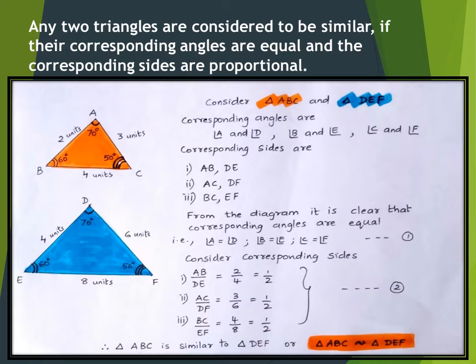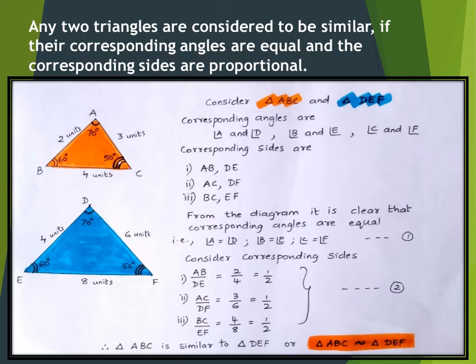Before checking whether the conditions are satisfied, first you should be able to identify which are the corresponding angles and which are the corresponding sides. If you consider these two triangles together, angle A in the first triangle and the corresponding angle in triangle DEF is angle D. So angle A and angle D are corresponding angles.